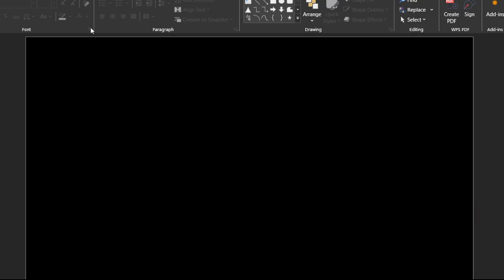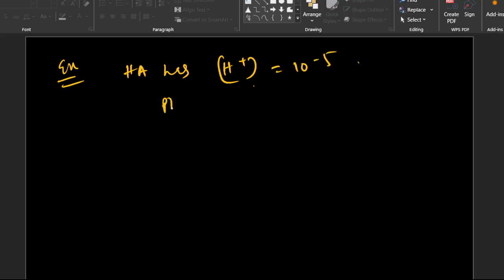Similarly, if given that an acid has H plus concentration equal to 10 raised to minus 5, then pH will be minus log of the H plus concentration.